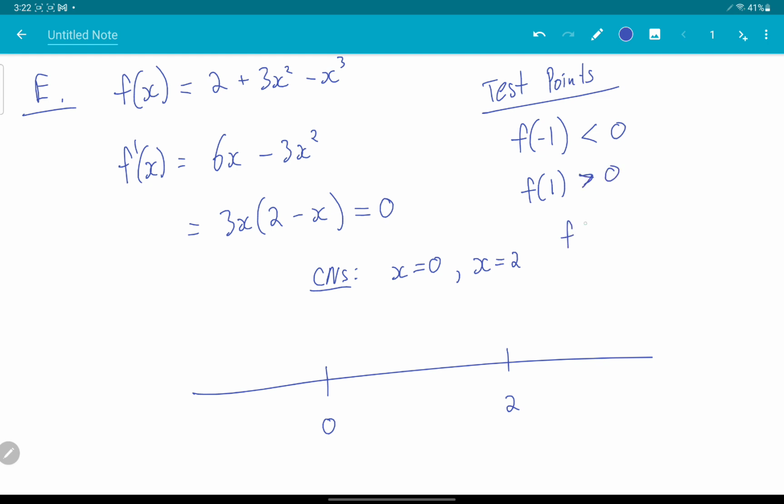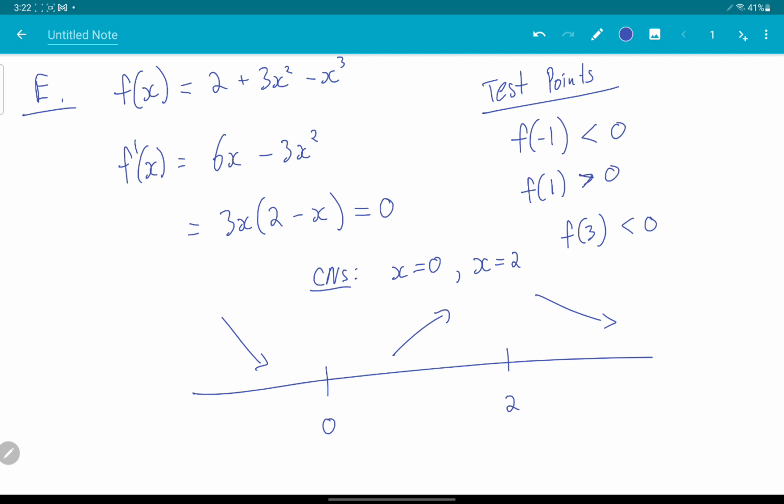And finally, if I plug in 3, which is sitting over here, I get positive times negative. So I get a negative number again. Okay, so my derivative is negative, then positive, then negative again. So my function is decreasing, and then increasing, and then decreasing again.